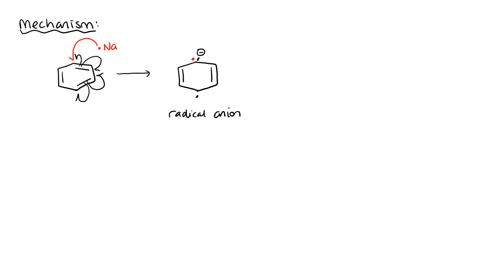Now the methanol is going to come in and act as the proton source. So we'll have the pair of electrons act first. It'll take the H from the methanol and give the electrons to the oxygen. So now we've added our first H.